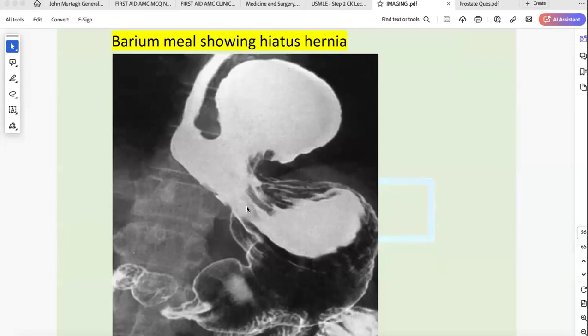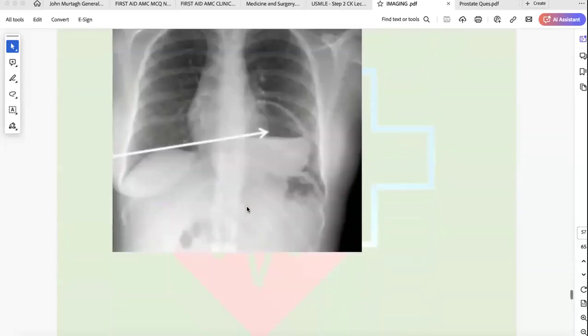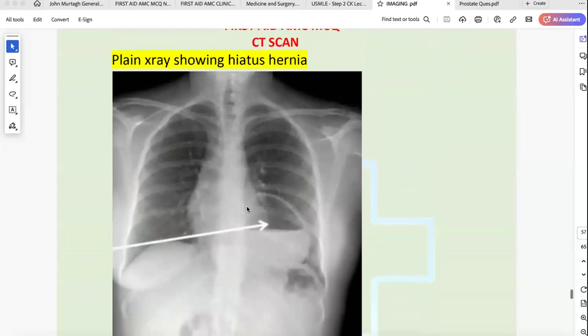That's called a hiatus hernia if you do a barium swallow or barium meal. And sometimes, if you do a chest X-ray, you can get this air fluid level. This air fluid level along the heart shadow is a very important finding to think of hiatus hernia.